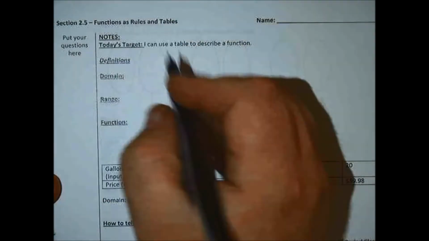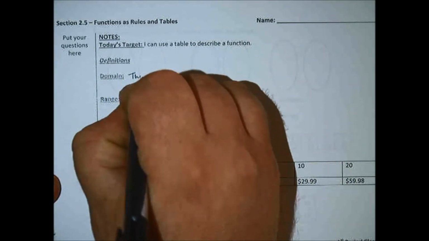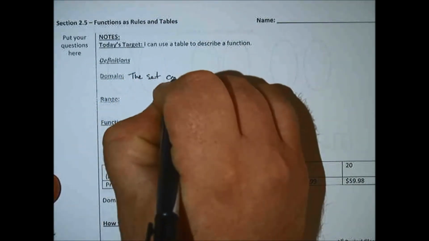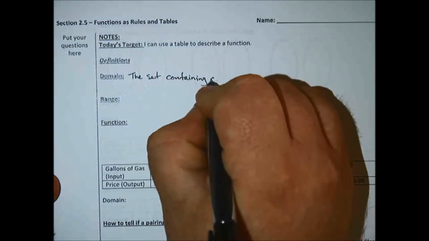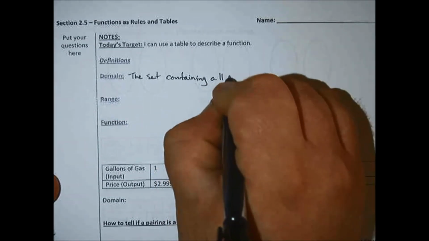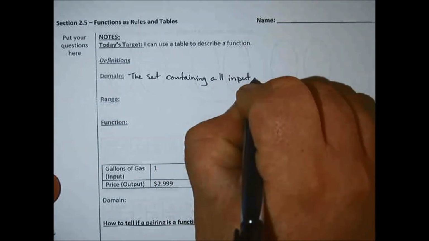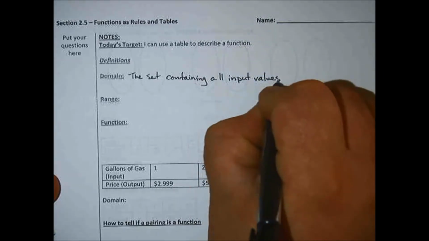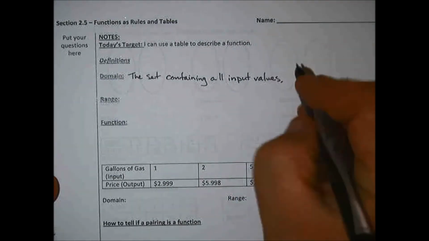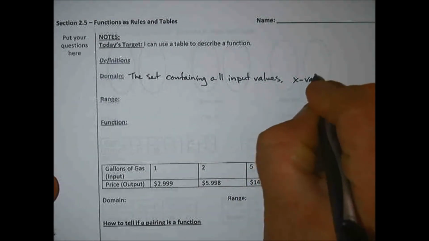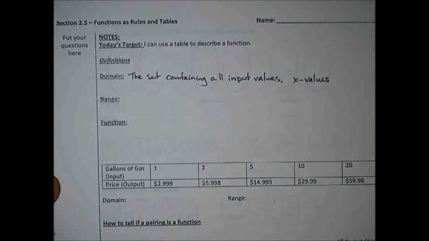So the domain is the set containing all the input values, which we can usually think of as the x values. Most of the time we do have x and y values, so these are the numbers that you're putting into the function.